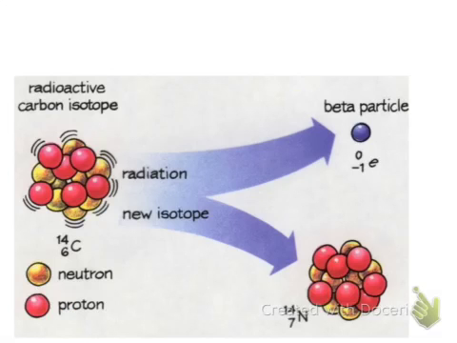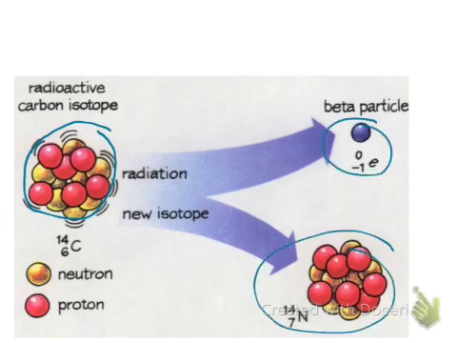So here's a diagram that shows beta minus decay. And so you start with a radioactive carbon isotope right here. It's carbon-14 6. And it goes through beta decay. So this electron here, added to this, equals this.